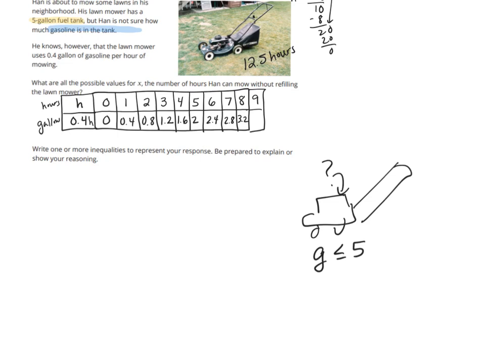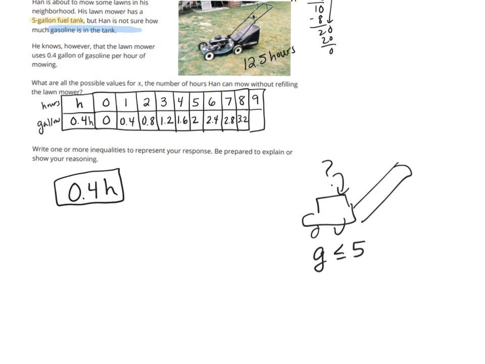We also know that 4/10 of a gallon gets used per hour that is mowed. So this is going to give us our total gallons, our total amount of time that has passed, and how many gallons have been used.